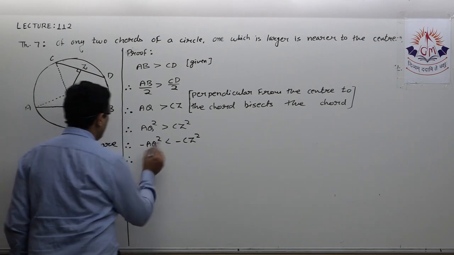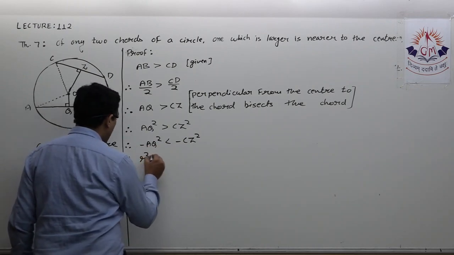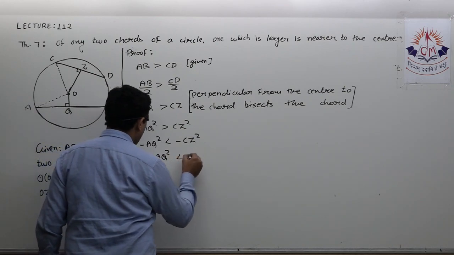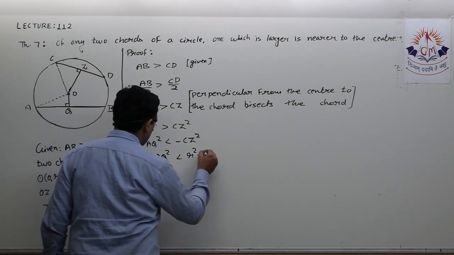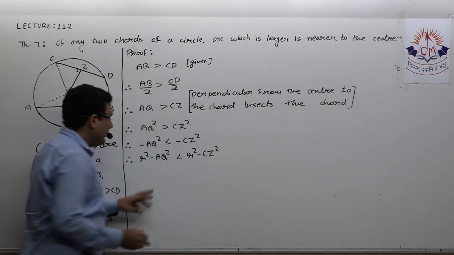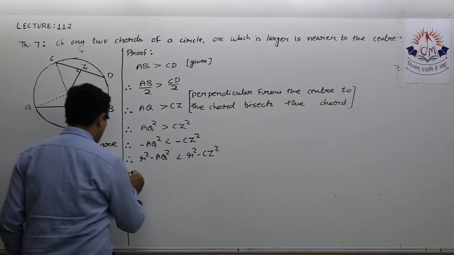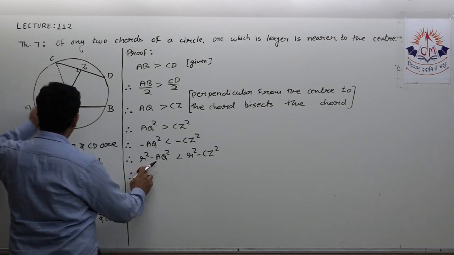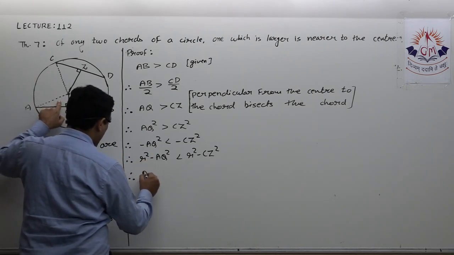Now adding r square on both sides, r square minus AQ square is less than r square minus CZ square. Now instead of r, here I can write AO square.